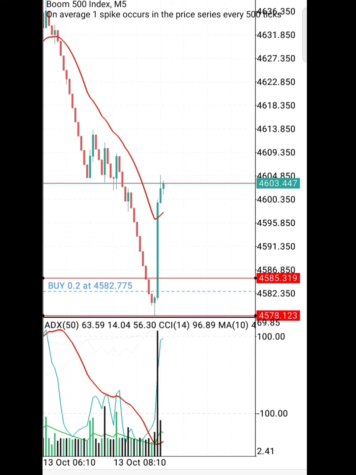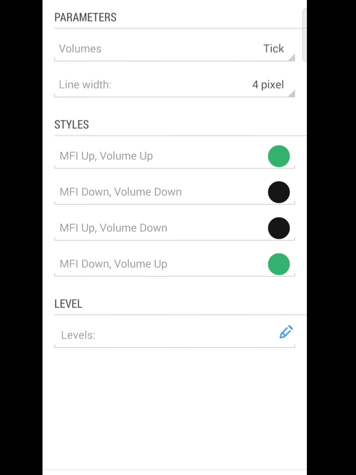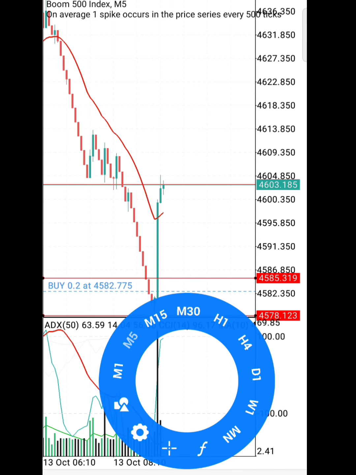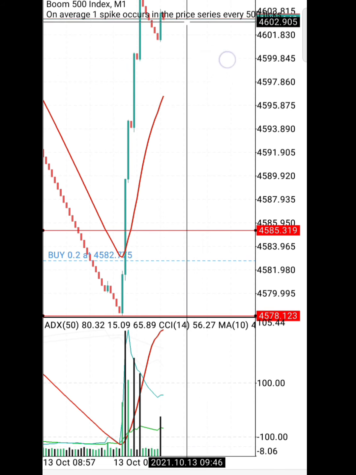The last indicator is the market facilitation index, the volume tick, line width 4 pixels, the MFI up green, MFI down black, MFI up black, MFI down for the volume up green. You click done, just as you see on my screen. Take a screenshot, guys, so you can set it on your own. Click done. Okay, we got another spike for Boom 500.